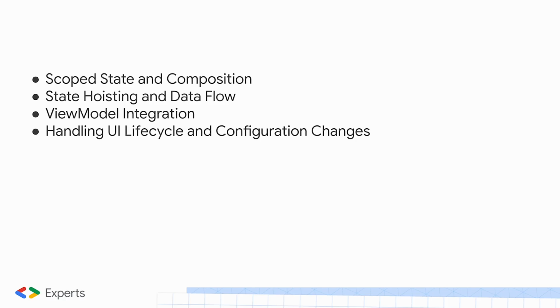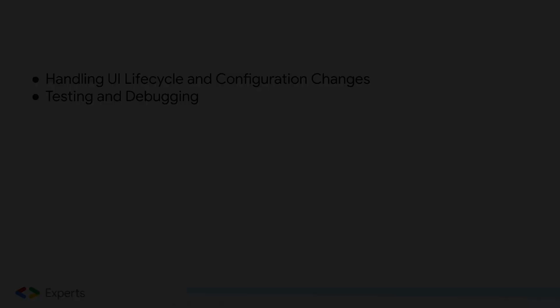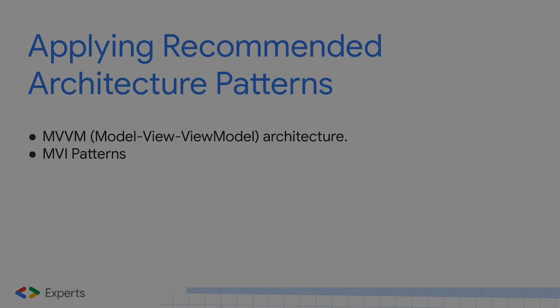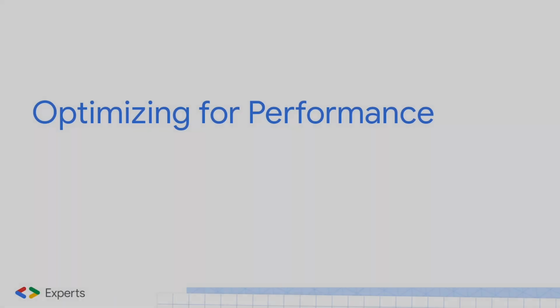Now, I'm going to skim through a couple of these and just go directly to one thing that I like the most, which is optimizing for performance. When you're building for the modern Android world, it's very important to optimize. Make sure that your application does not take up like 100 MBs. I mean, think about it.